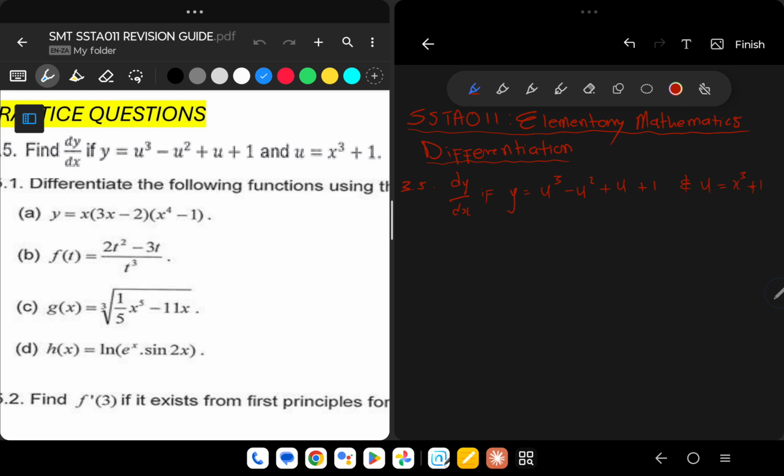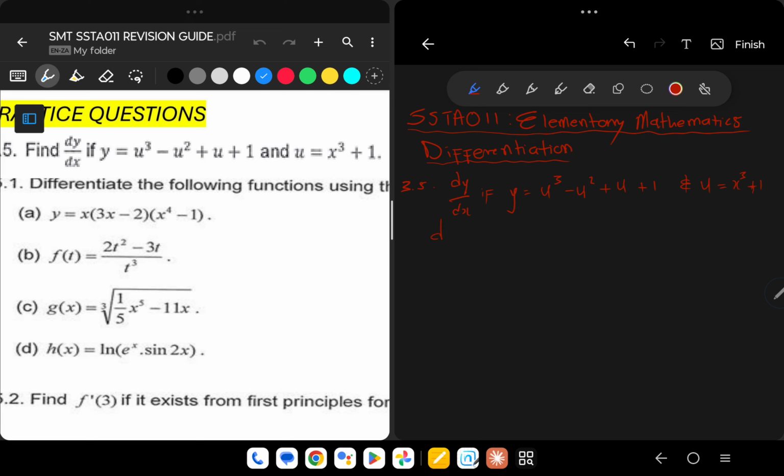So we need to find dy over dx, but we have y in terms of u and we have u in terms of x there. So what we can do here is to introduce the du on dy and dx, so that we'll be able to apply the chain rule.